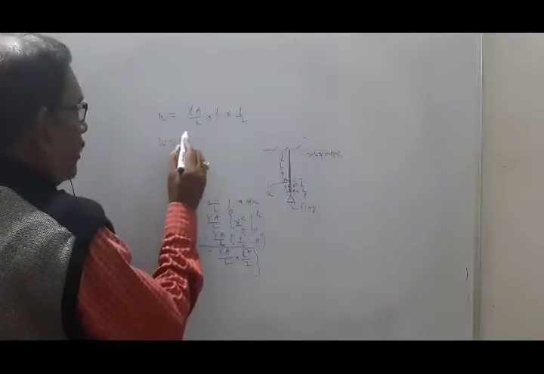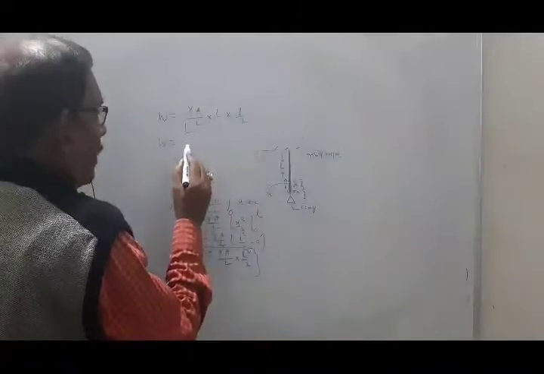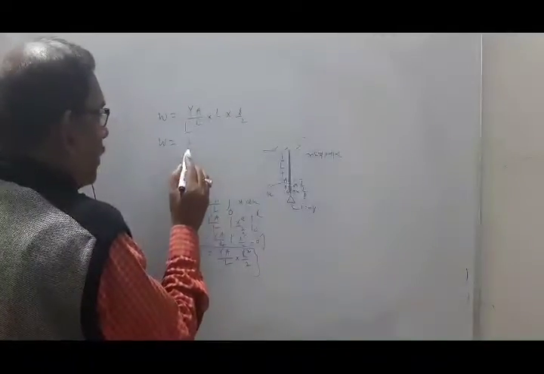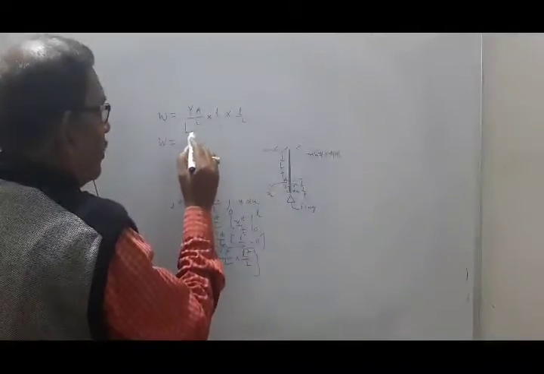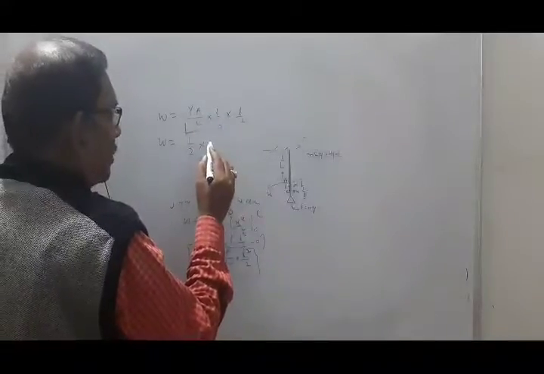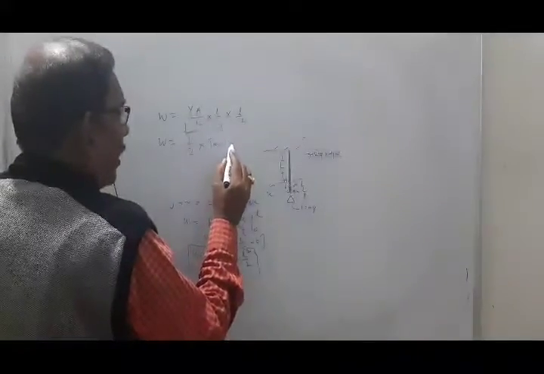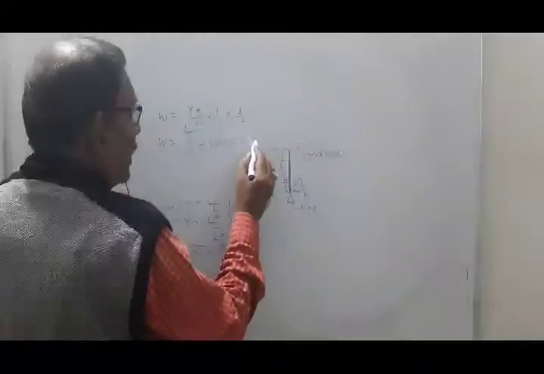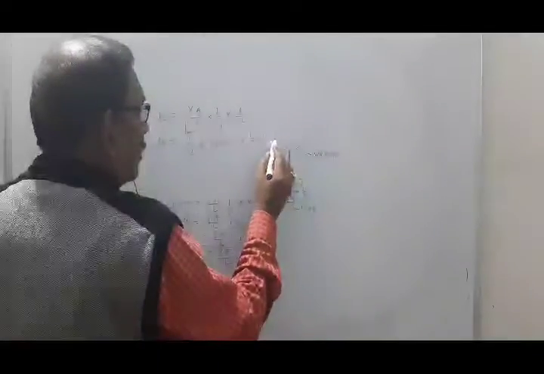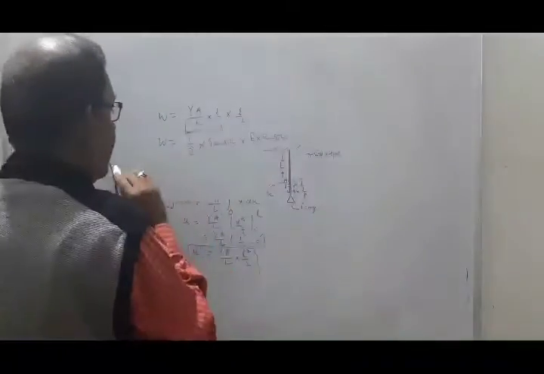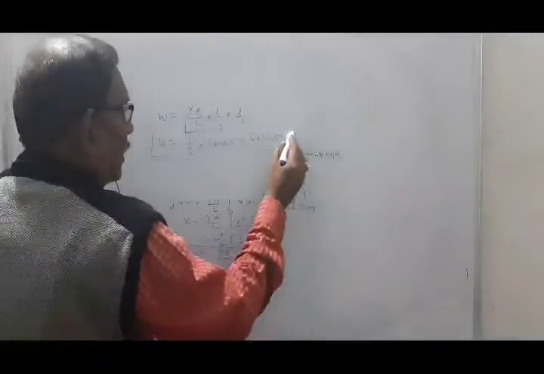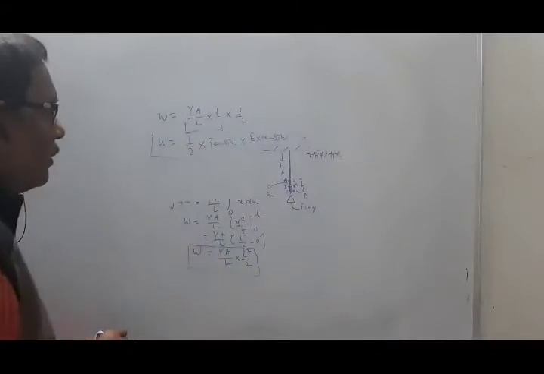Or W equals half, keeping half outside, this value is your force, the tension, that is tension into your extension. It is another equation of work done.